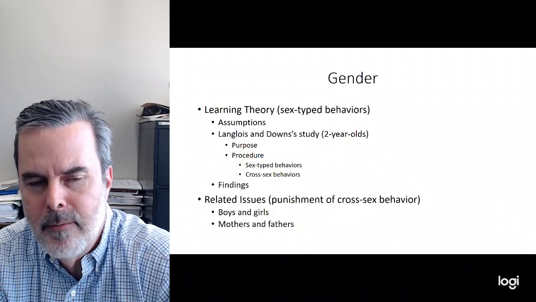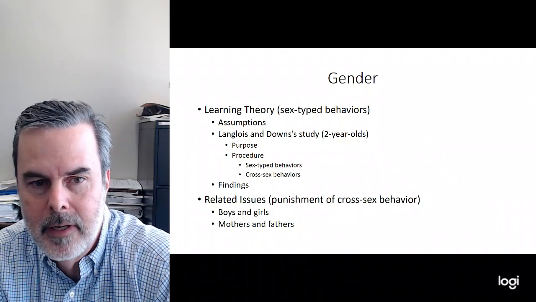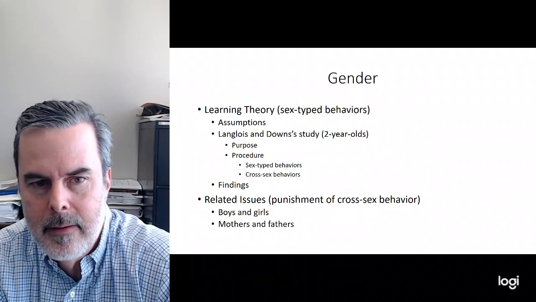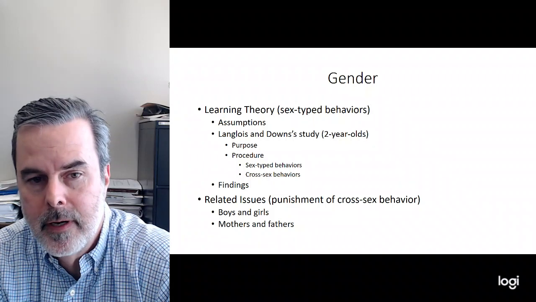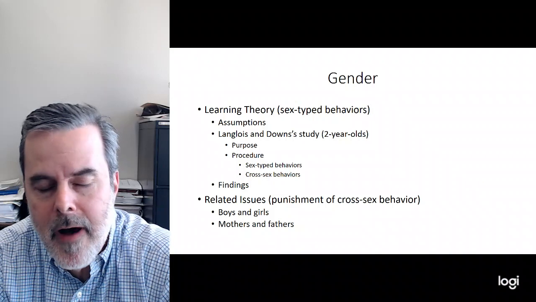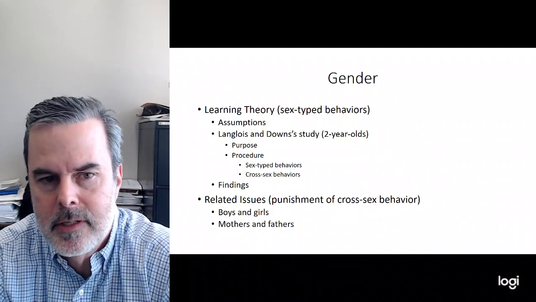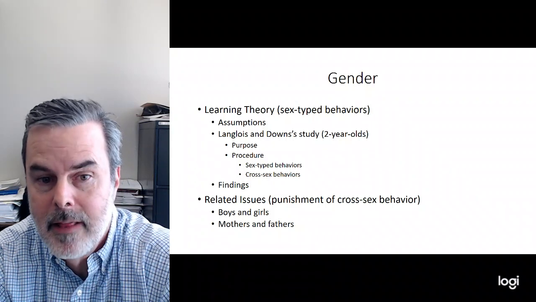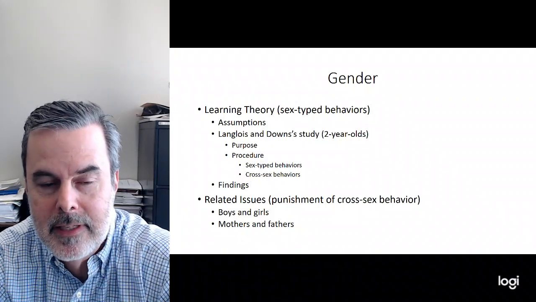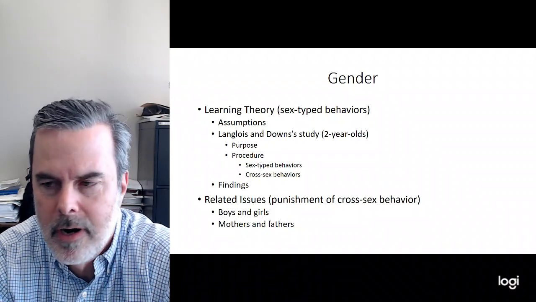That could include a verbal command not to play with the toy, but to play with another toy that was considered appropriate for his or her sex. So the findings were consistent with the general predictions of learning theory, and suggest, by the way, that kids develop sex-typed behaviors, at least in part, because parents reinforce them and punish cross-sex behaviors.